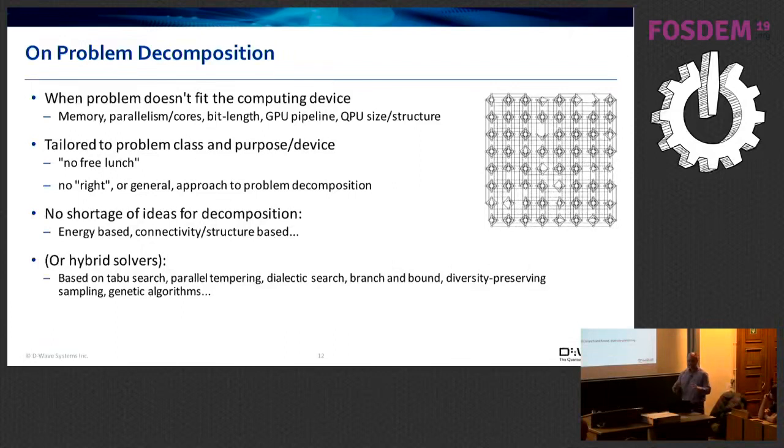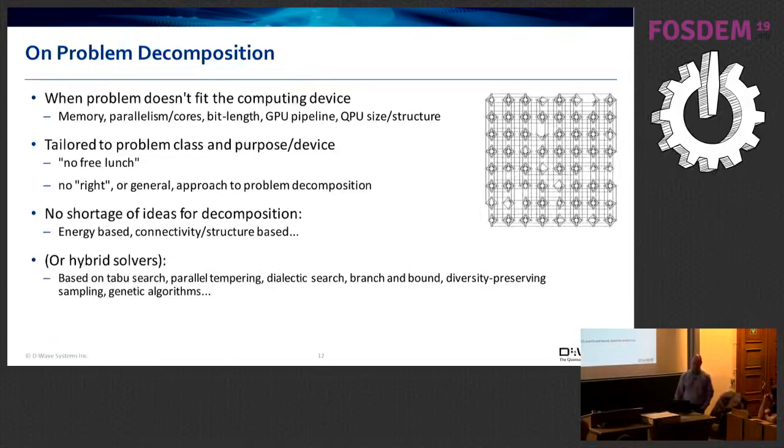One anneal cycle is actually the execution of one instruction, and the instruction acts on a problem, which is a full BQM, and gives you a set of samples. The thing is, there's no such thing as a general decomposition. You can't have one algorithm which will apply to any problem you have. You will need to tailor the decomposition algorithm to the problem you have at hand, and obviously to the compute device.